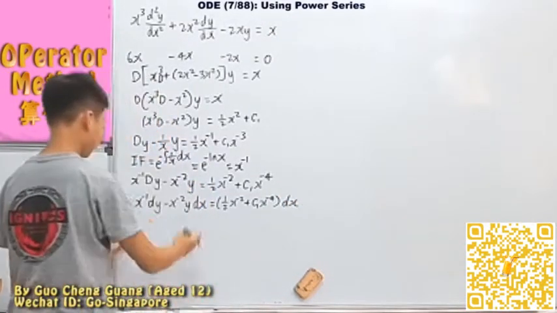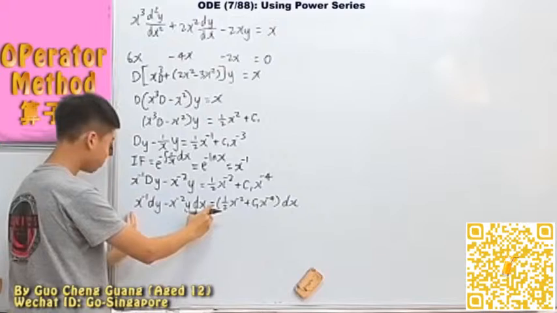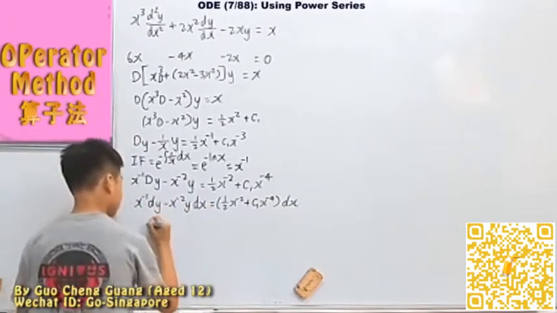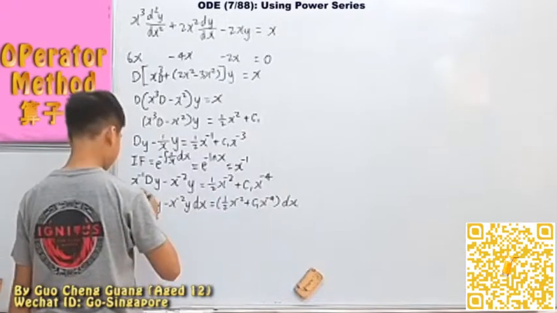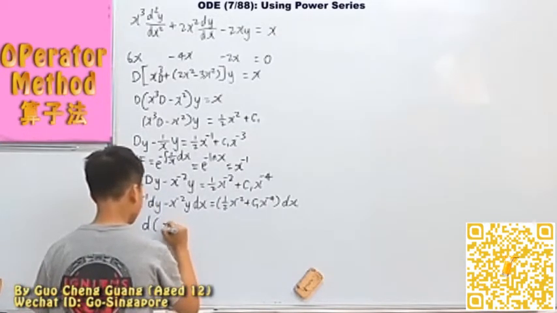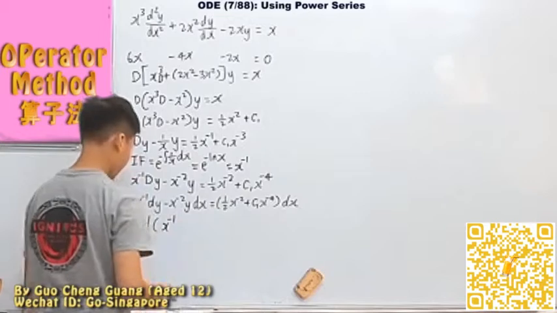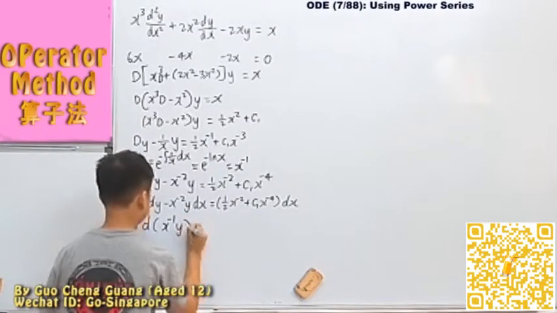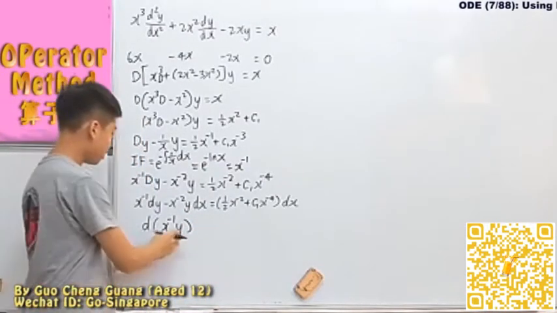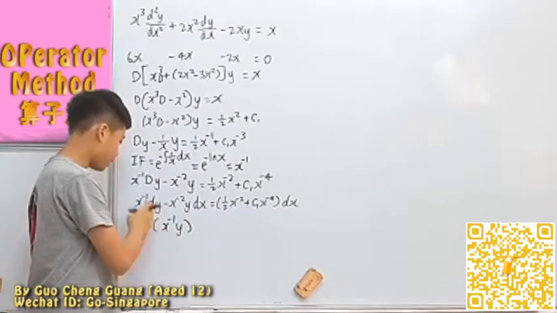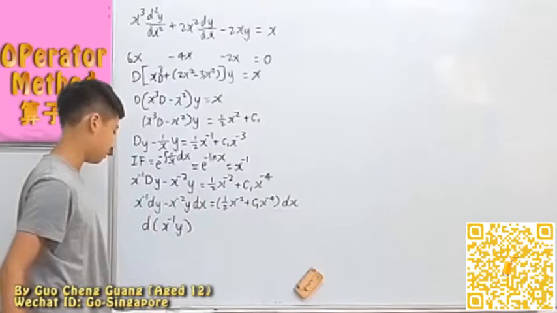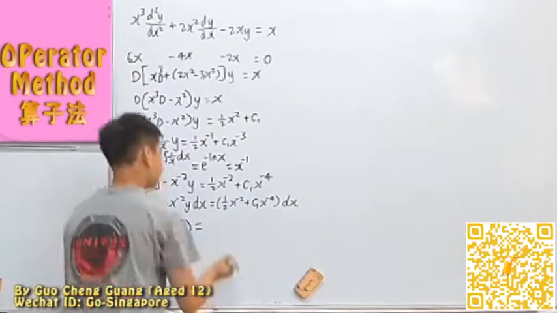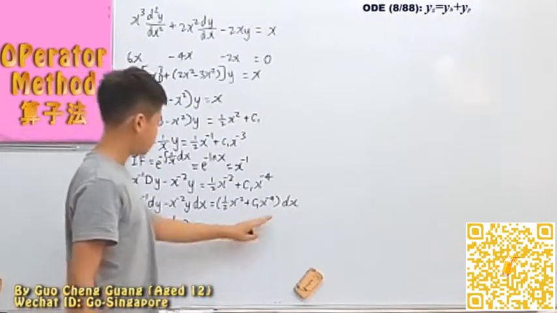Then this front part here, you can just put into d, or here we have x to the power of negative 1. After you have this y, when it differentiates with respect to y, you get this part, and when it differentiates with respect to x, you get this part behind. Then after that, this will still be the same.